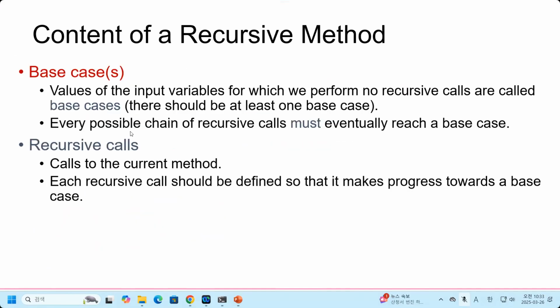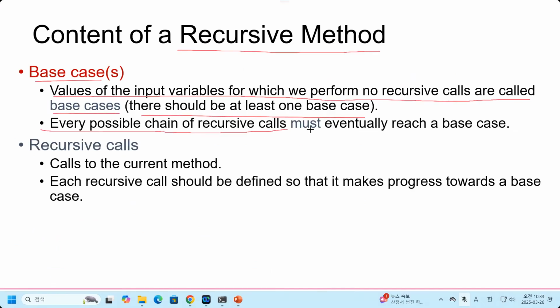Because this is the recursive method. The recursive method or the recursion usually is the same. We have a base case. So the values of the input variables for which we perform no recursive calls are called base cases. So there should be at least one base case.